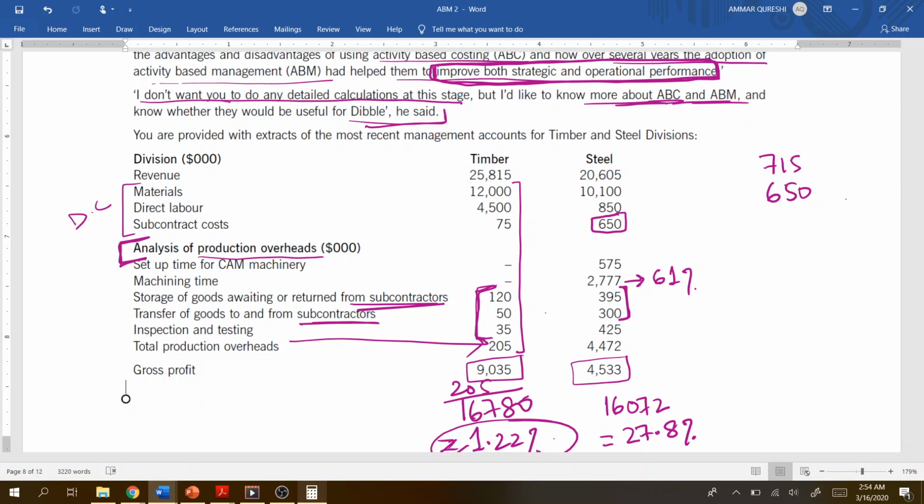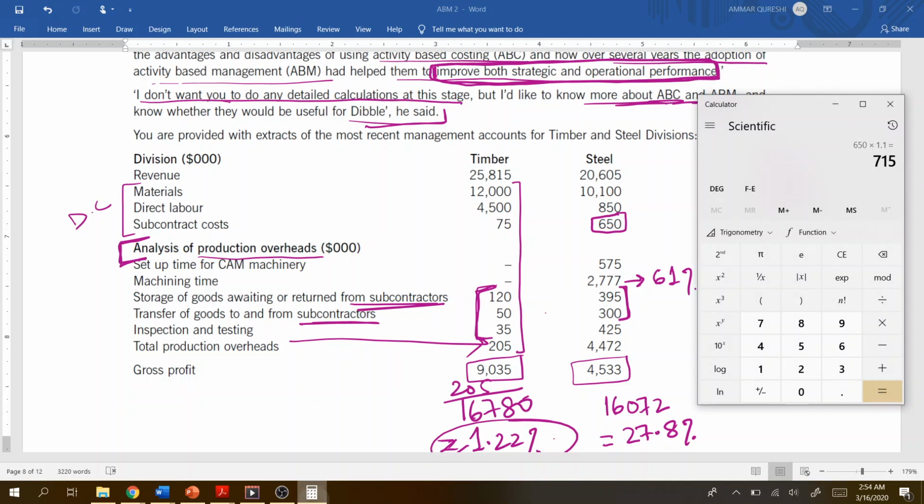If we are using activity based costing, we now know, though initially we didn't, that 300 plus 395 makes 695, which is another cost directly related to the subcontractor.